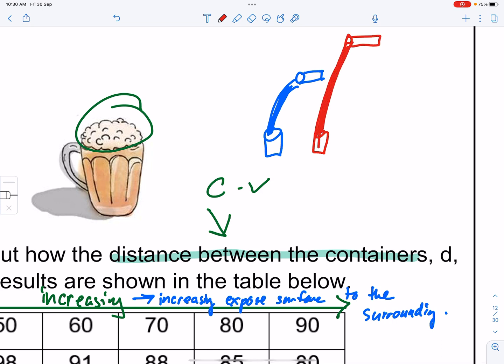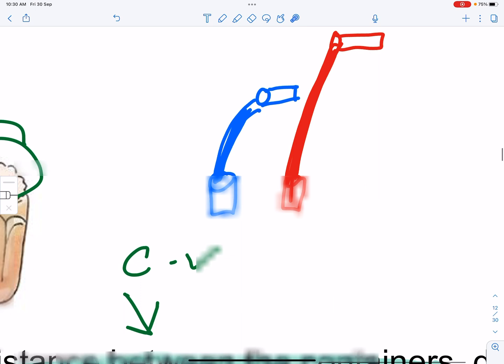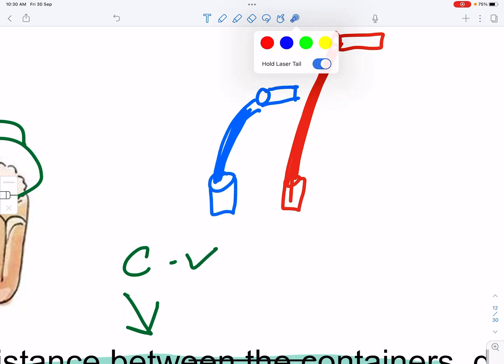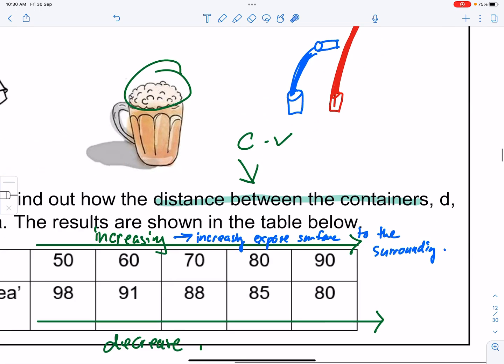Right? So because of the increment, you would see that there is actually more exposed area. So more exposed area means that heat can be lost from your tea to the surrounding at a faster rate, lowering the temperature.